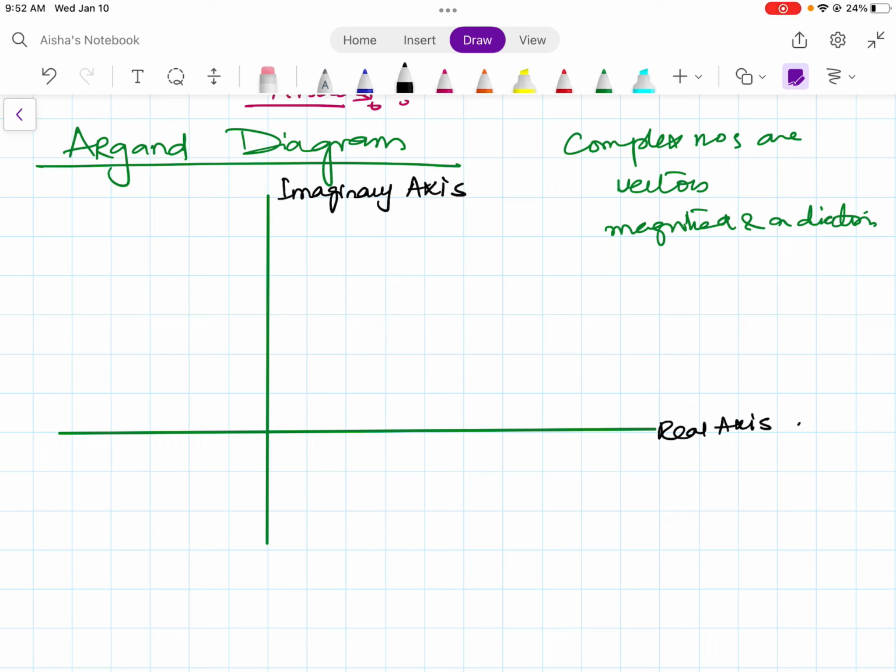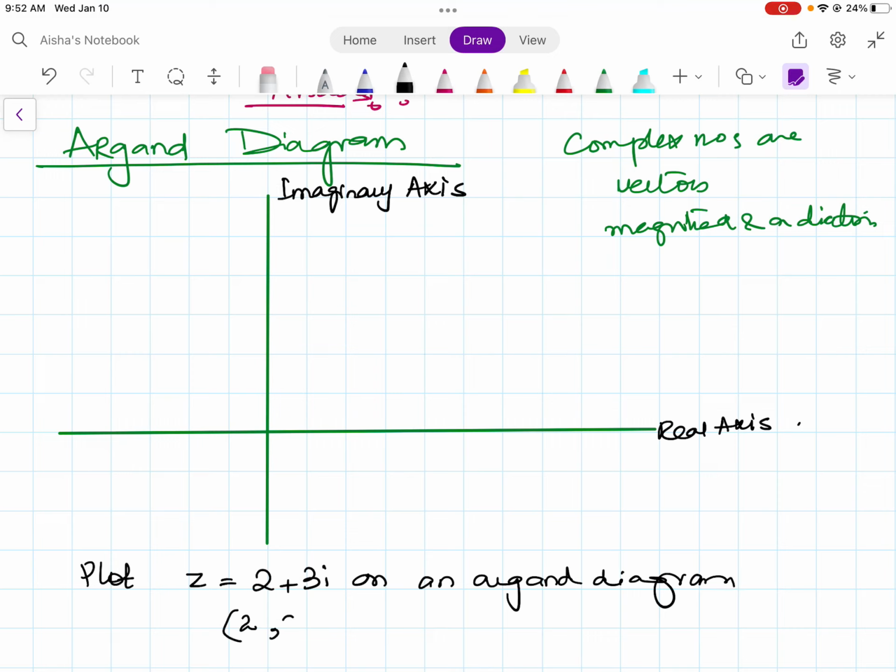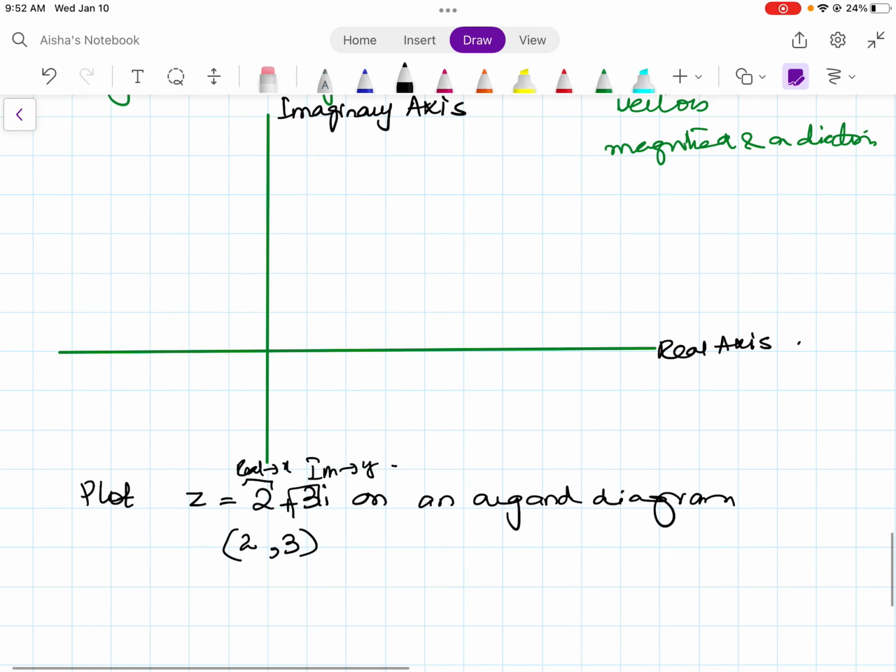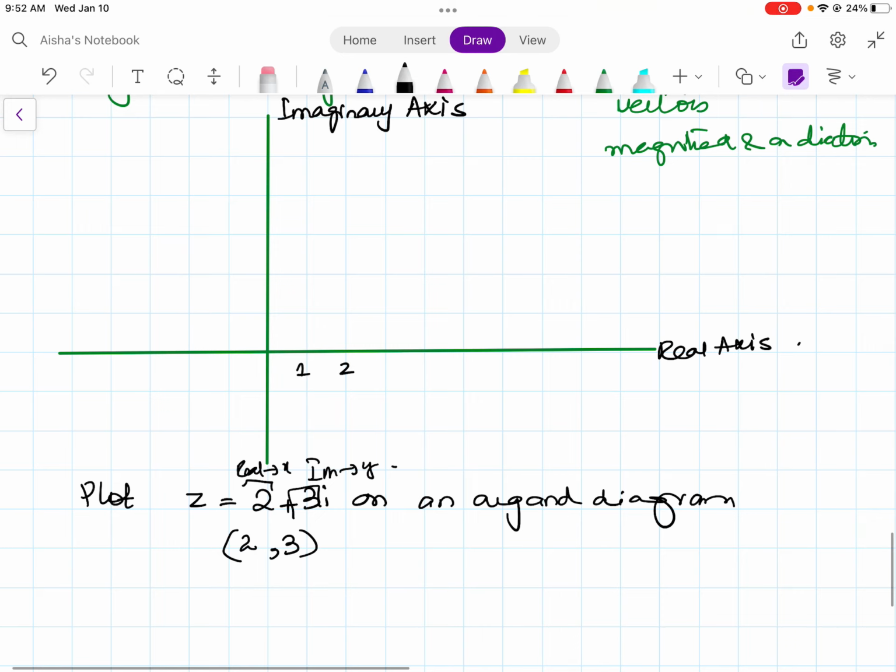Now if I say plot z, which is equal to 2 plus 3 iota on an Argand diagram, it means the coordinates are 2, 3 because this is real, which is x, and this is imaginary, which is y. So 2, 1, 2, 1, 2, 3.